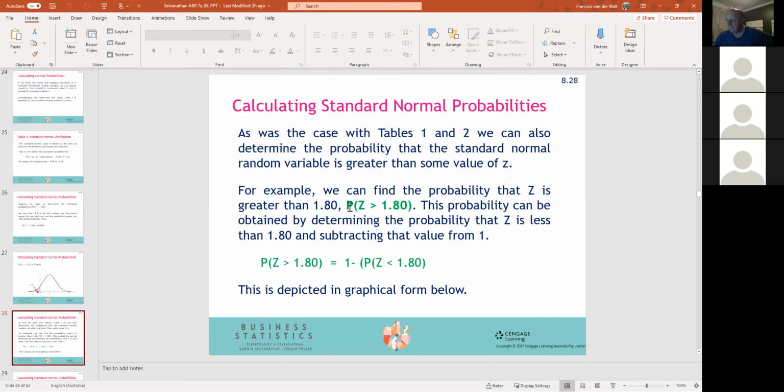Here's another example where they say standard normal probability, how do we calculate this? In this particular case, let's go and do this one.